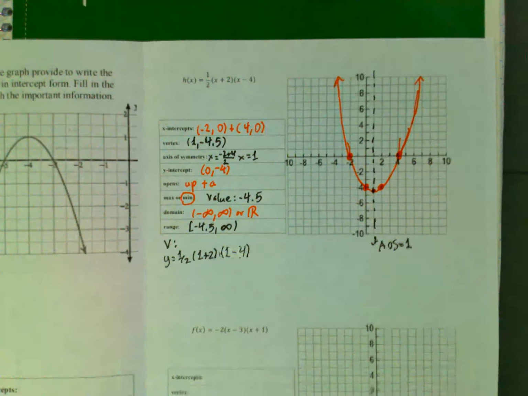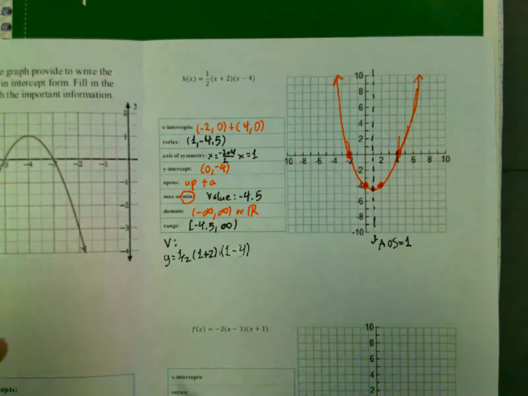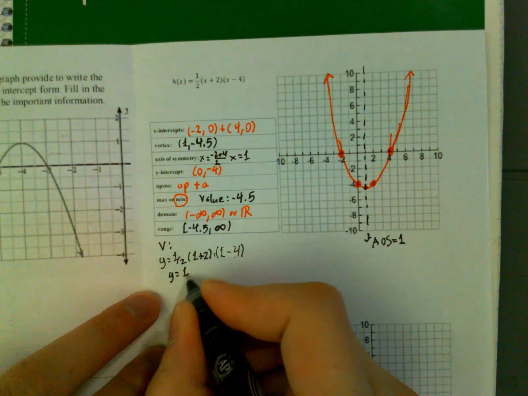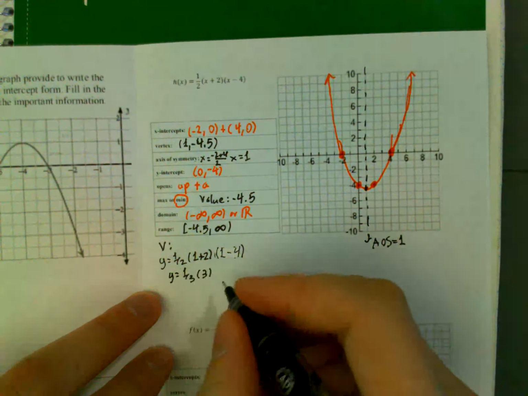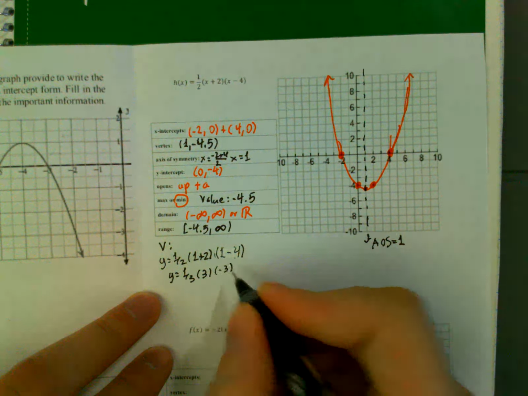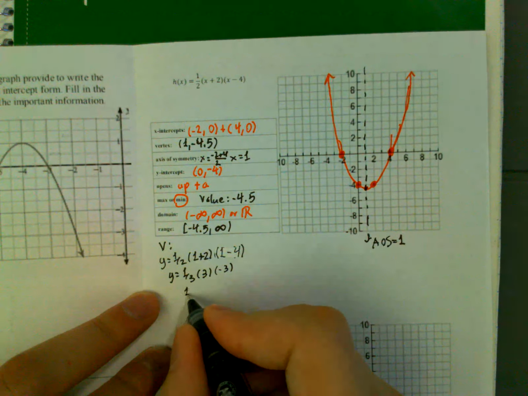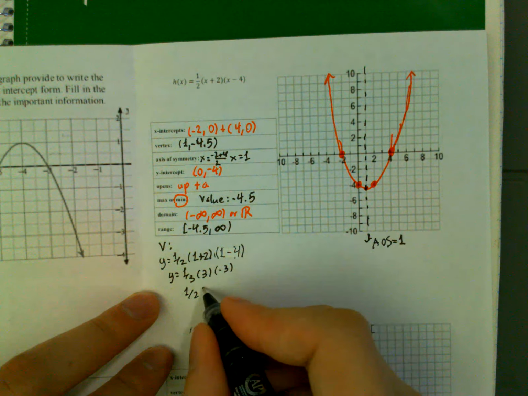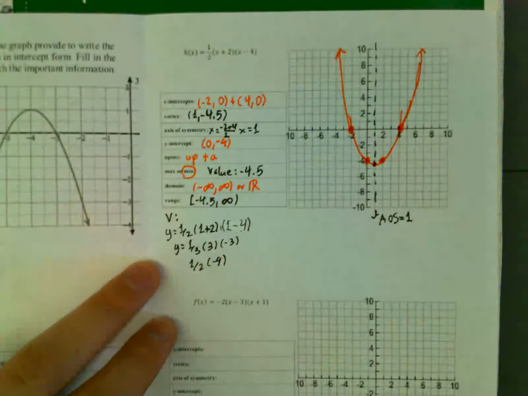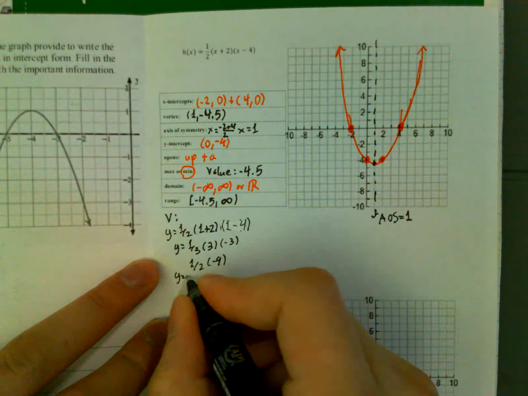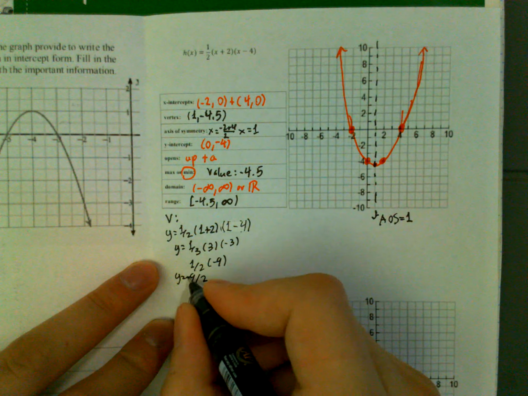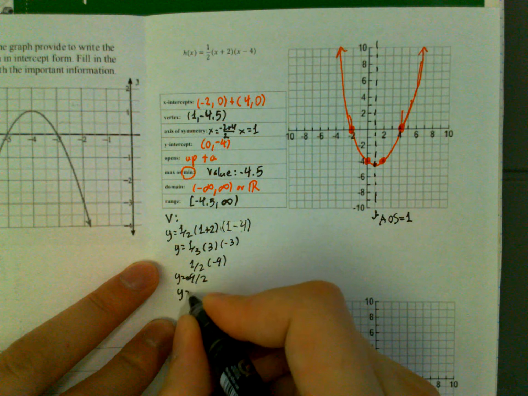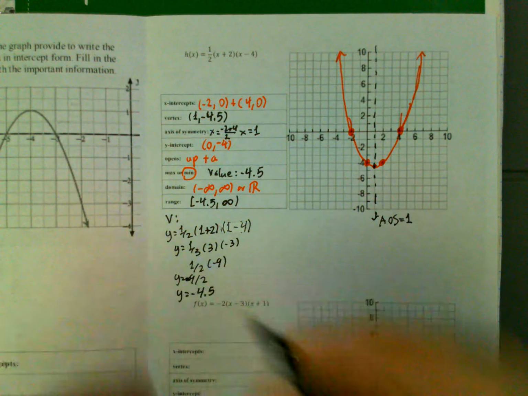There we go. We do that, we get y equals 1/2 times 3 times negative 3. I then get 1/2 times negative 9. So y equals negative 9 over 2, which reduces down to y equals negative 4.5.